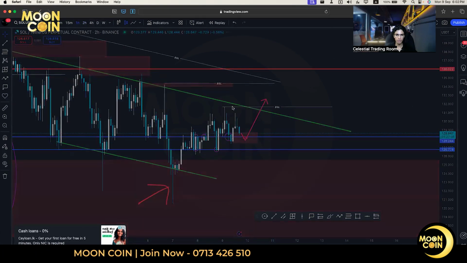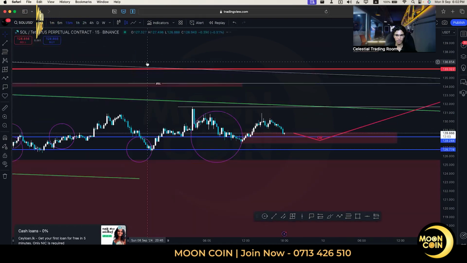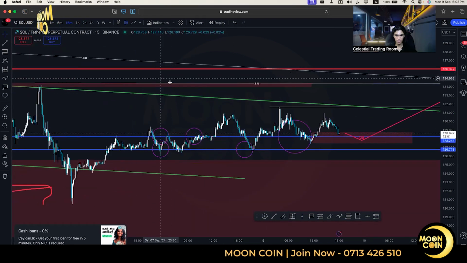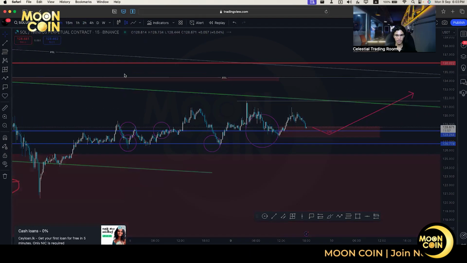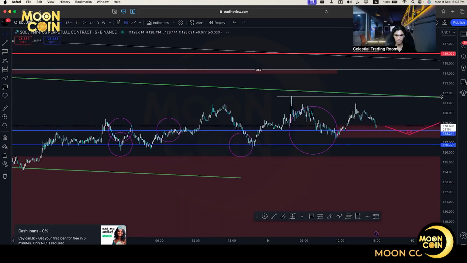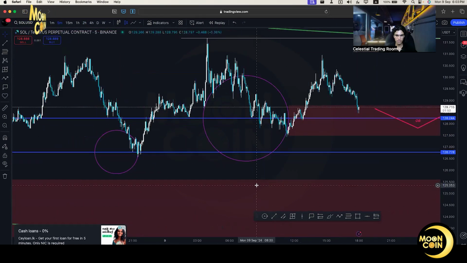When we go for the lower time frame, we'll go for 15-minute, or else we'll go for 5-minute. When you go for the 5-minute, we have a change of character here.